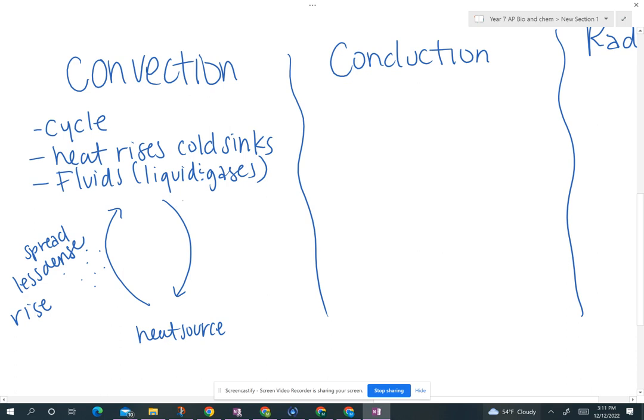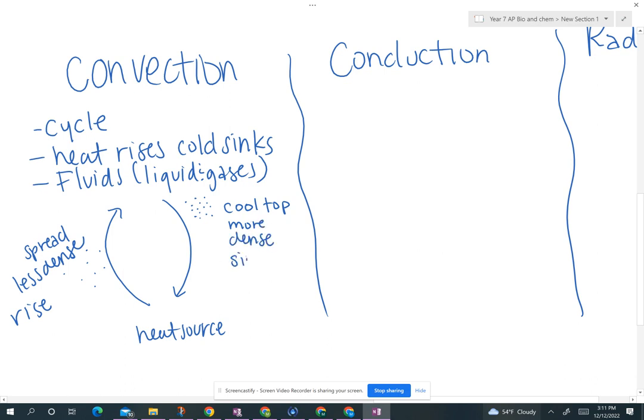Then once they get to the top, these molecules are going to be cooled down. And when they cool, they're going to become a lot more tightly packed. So they cool at the top and they become more dense.